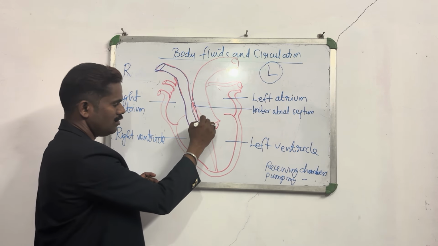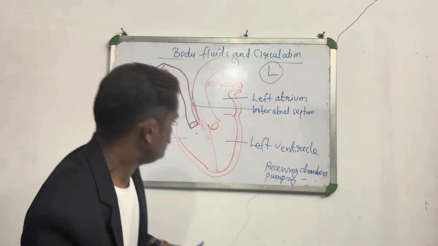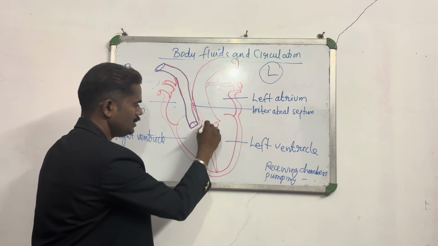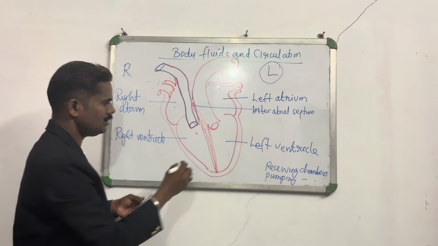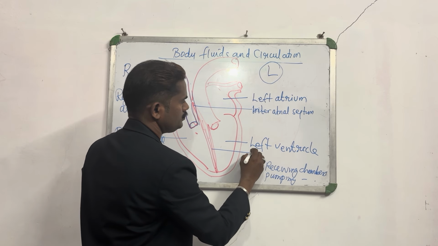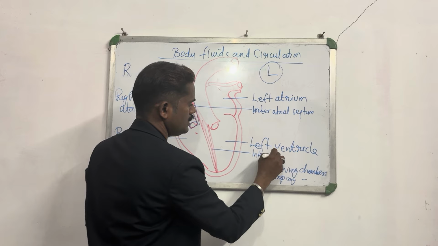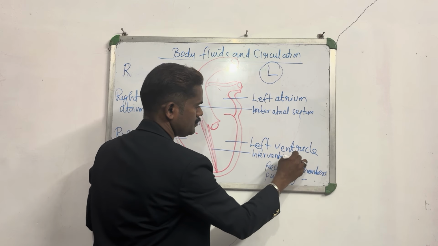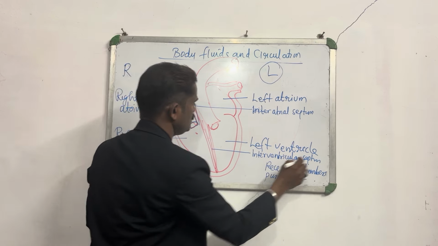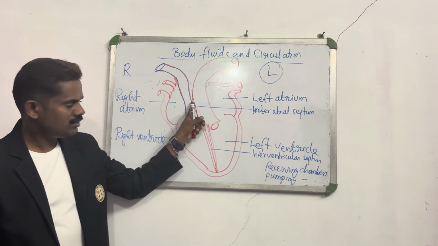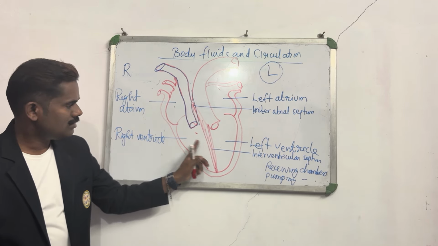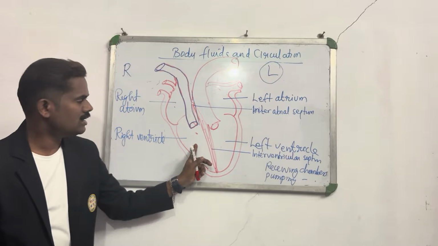In the same way, one more wall is present between the right and left ventricle. It is called the interventricular septum. So, the interatrial or interauricular septum, and the interventricular septum between the left and right ventricle.